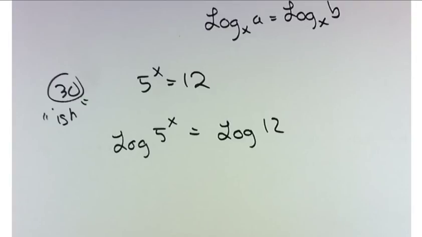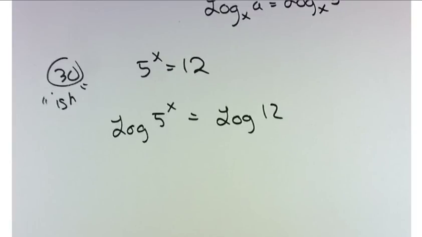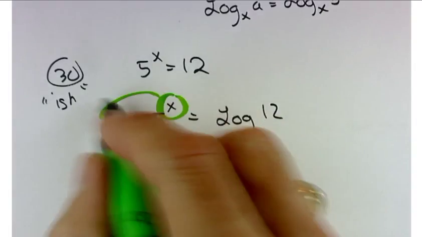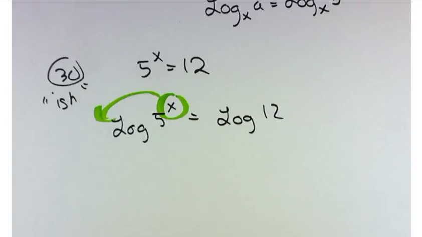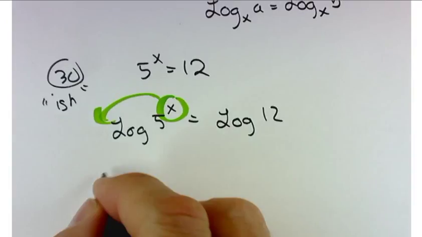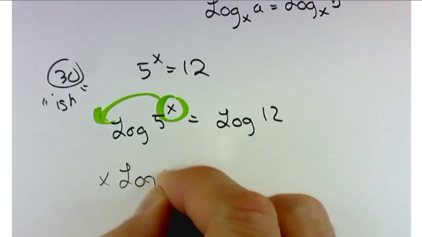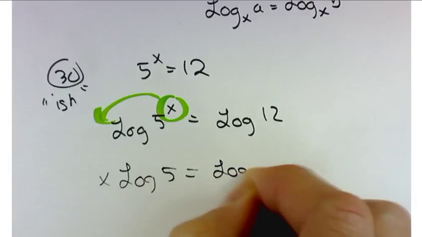Emma? Well, what about your properties of logs? Oh, yeah, there's that parachute rule, right? The x can come out in front. So I get x times log of 5 equals log of 12.